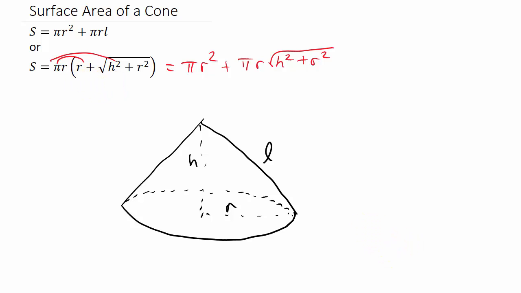Now, watch this. If you notice this triangle here, that is a right triangle. There's L, and this is the hypotenuse, right?